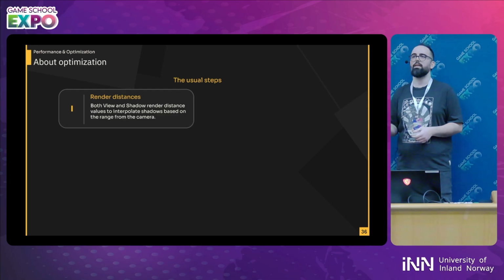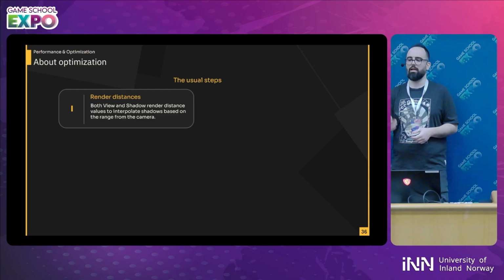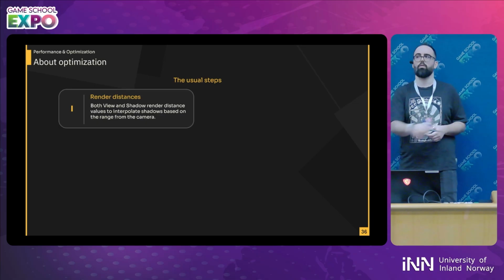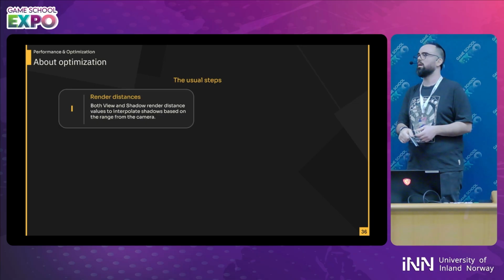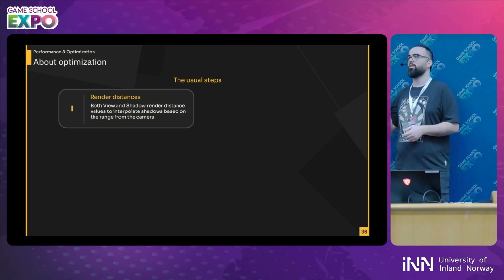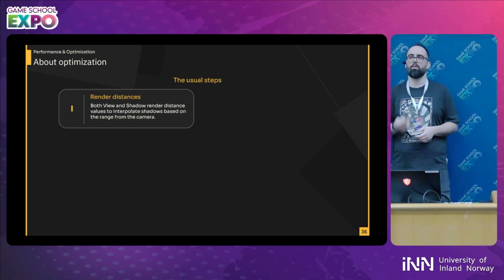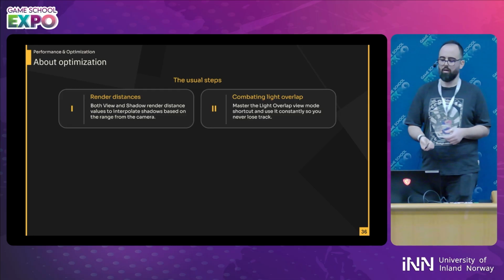And the idea here is that you have a light that, let's say from 100 meters, above 100 meters is not rendered. Then from 100 to 50 is rendered without shadows. And then from 50 to 0, it's rendering with shadows. This way we can liberate a lot of our budget to use shadows, but render them only when we are very close to our player.